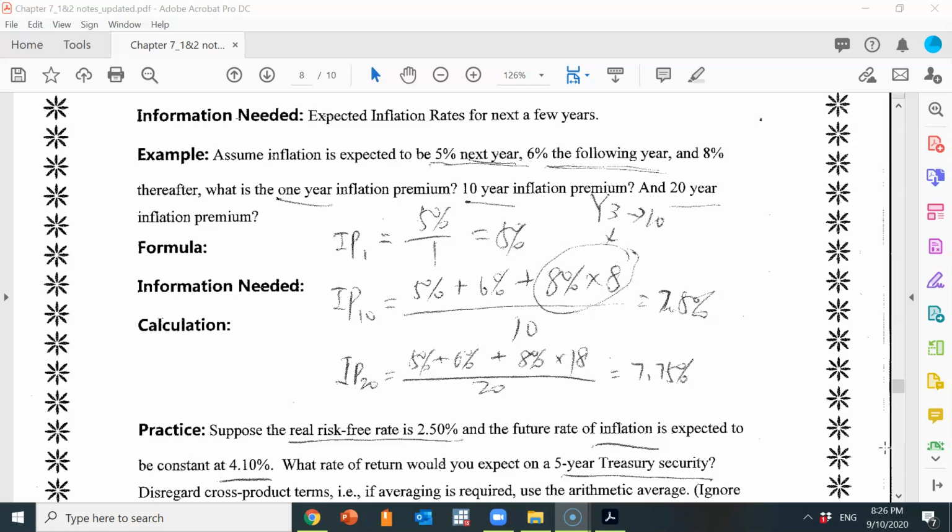Then we talked about some risk premiums, including inflation premium, IP, market risk premium, MRP, default risk premium, DRP, and liquidity risk premium, LP.